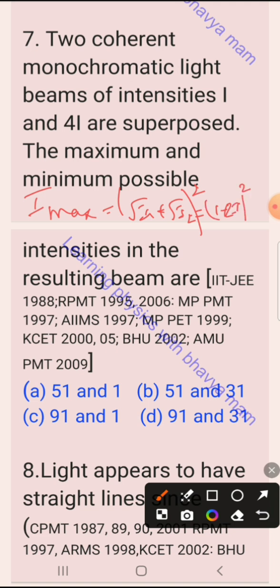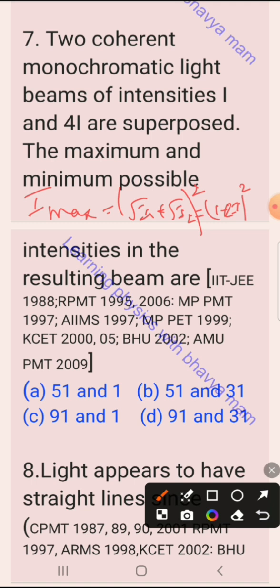So root I plus 2 root I is 3 root I. 3 root I whole square is 9I, right? So option C, 9I.